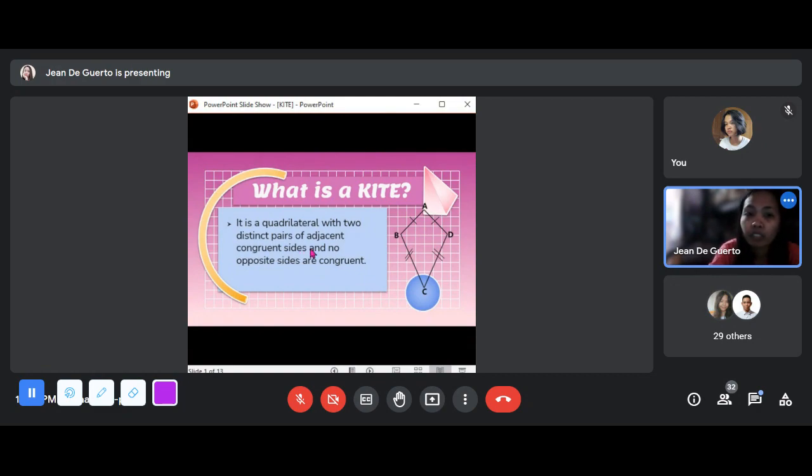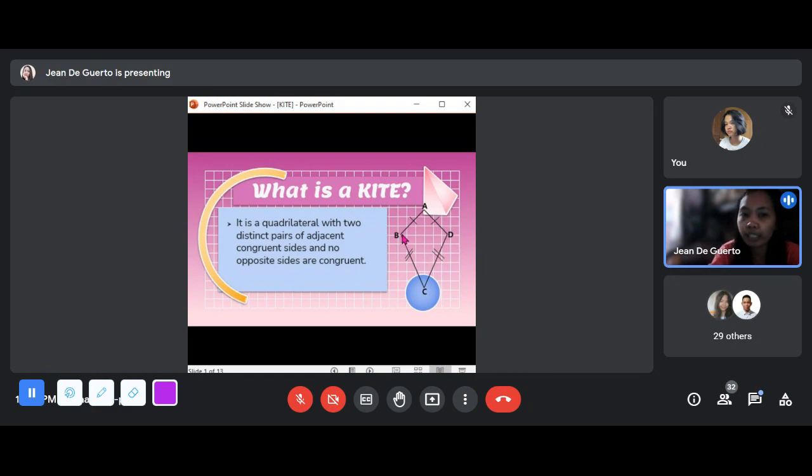Okay? That means it has no opposite sides which are congruent. Wala siyang opposite side na congruent, but it has adjacent pair, consecutive sides, or it has 2 pairs of adjacent sides or consecutive sides that are congruent.